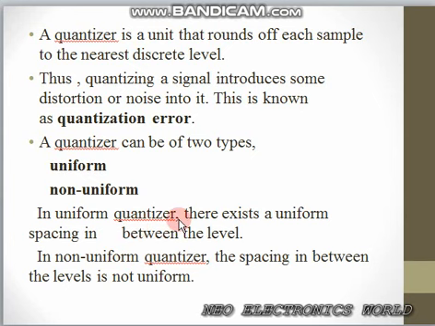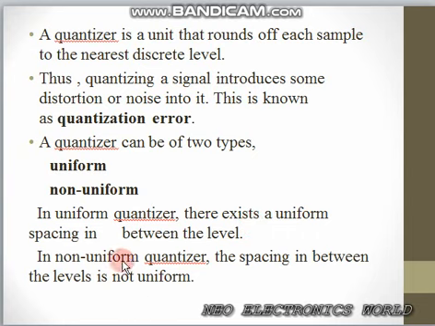Do you know what is a uniform quantizer? In a uniform quantizer, there exists a uniform spacing between the levels. That means the step size will be equal for a uniform quantizer, that is, the spacing between two levels will be equal.